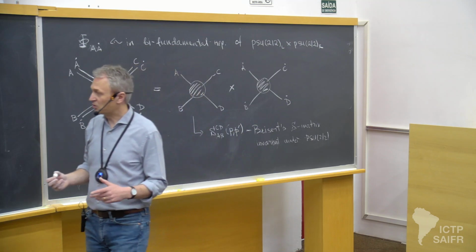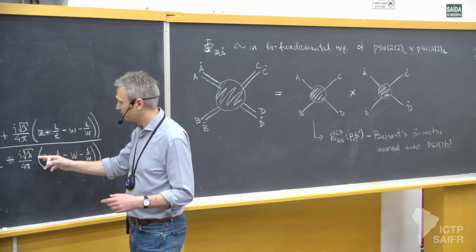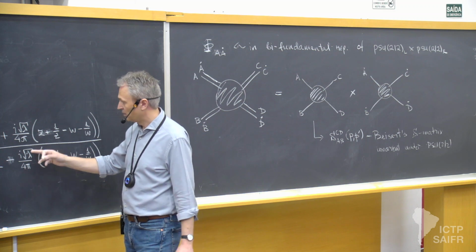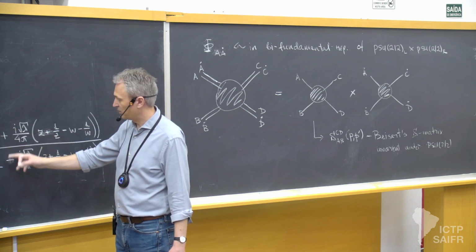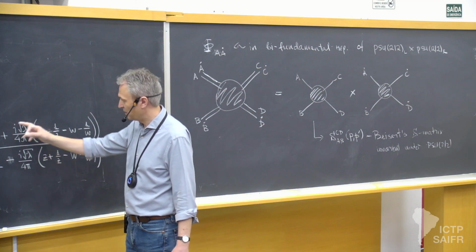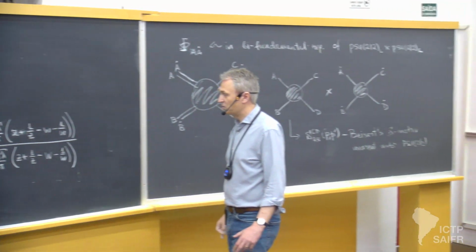One can show that this phase vanishes when lambda goes to 0, because then the shift here disappears and the logarithm produces 0.